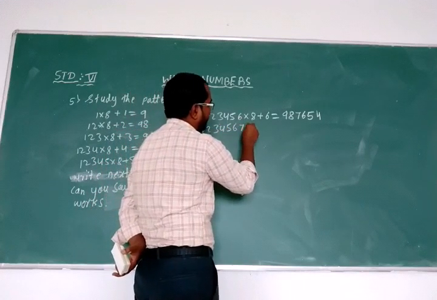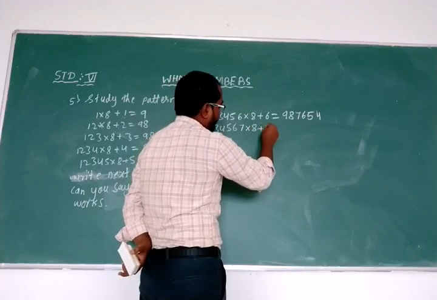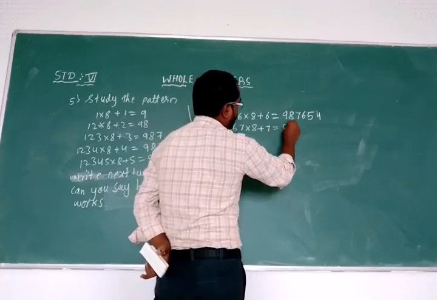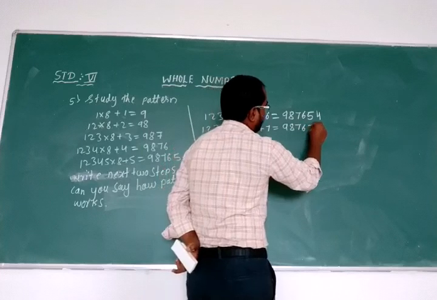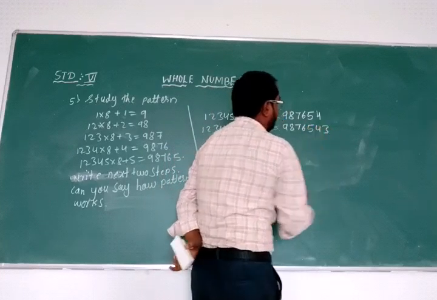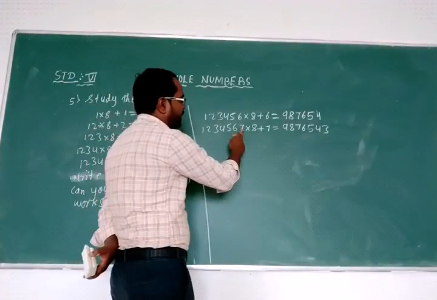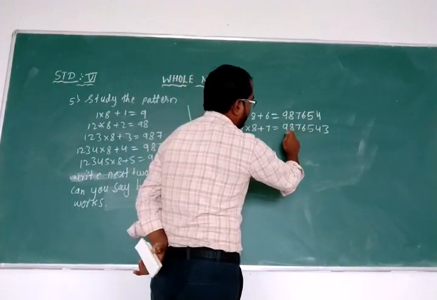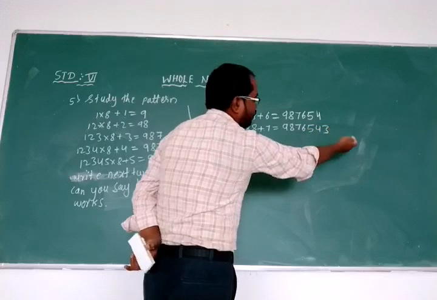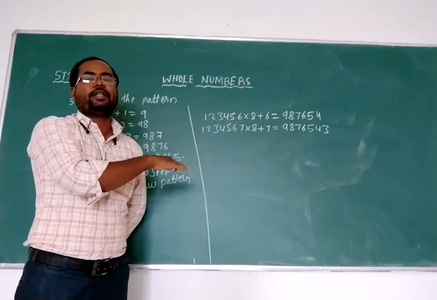Next number you take 7 into 8 and the same number you have to add, plus 7, is equal to, you get 9876543. So if they have asked the next step also, you will take 8 here and add 8. So you take it as 98765432. Like that you have to write the next step.